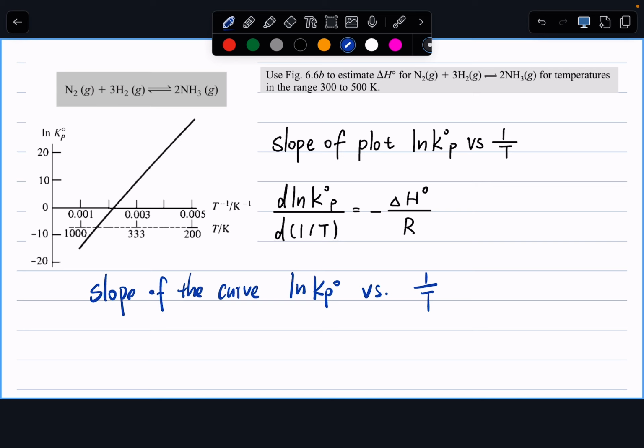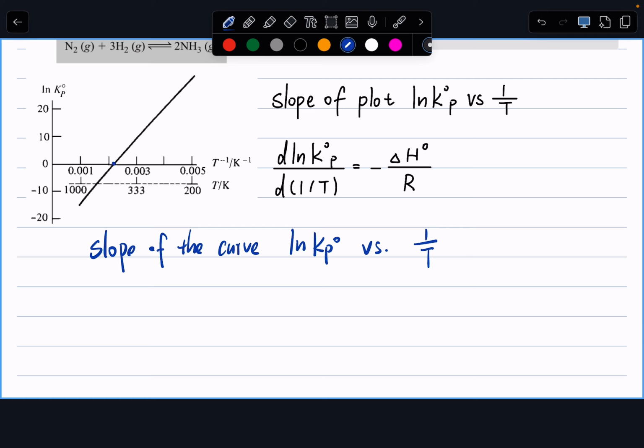I like to make my life easy by choosing a point where ln Kp naught equals 0 and my T minus 1 is roughly equal to 0.002. It doesn't need to be exact; it's okay if you get a slightly different numeric number.